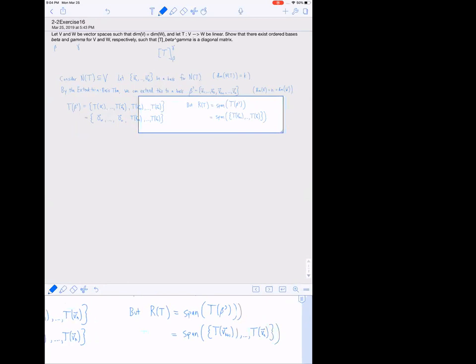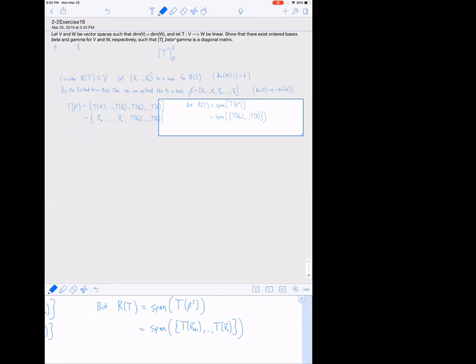All right, so that's great. Now we've got a generating set for the range of T, but in fact, we can say more than this.